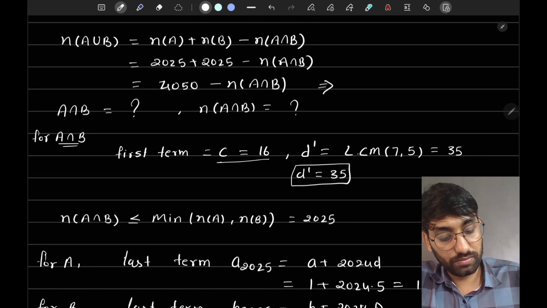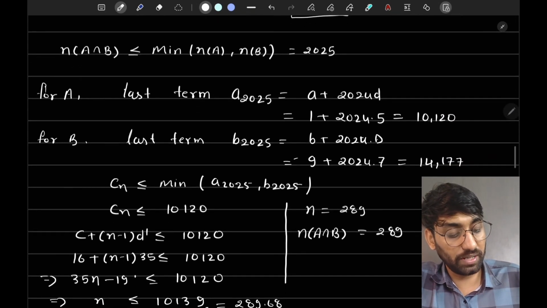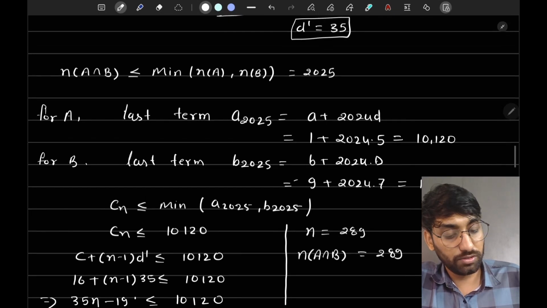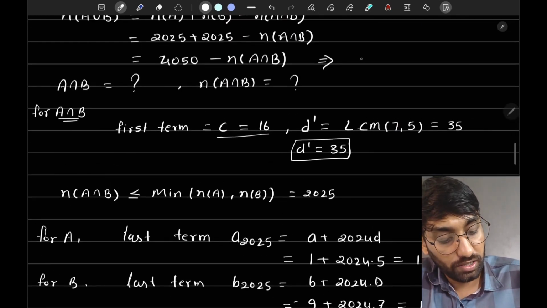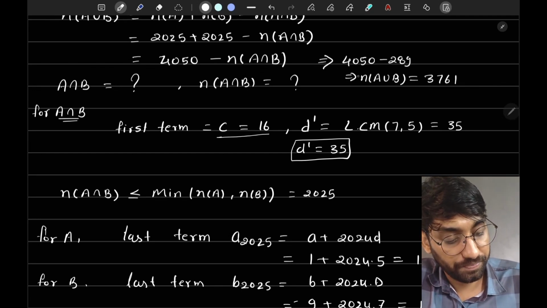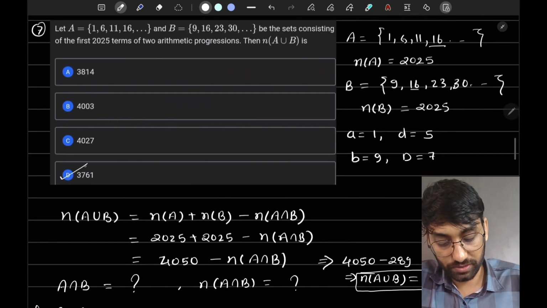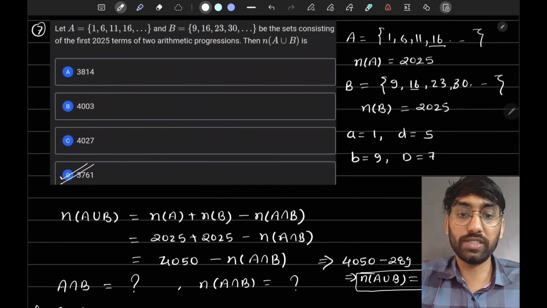The number of elements in A intersection B is 289, so this becomes 4050 minus 289. This implies the number of elements in A union B is 3761. This will be my answer. So the answer is 3761, option D. I hope this is clear.